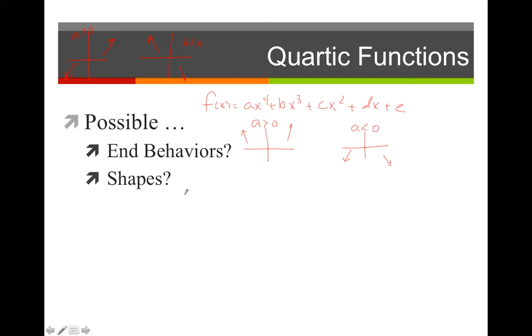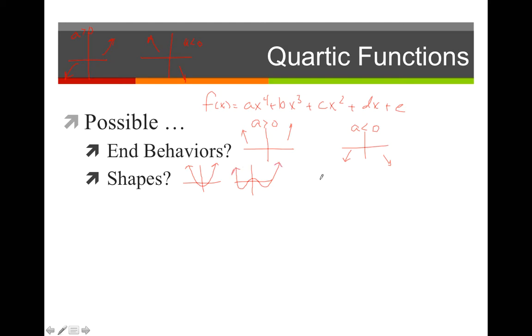For the possible shapes, quartics have a lot of possible shapes here. We could look like this. That's pretty interesting because it looks like a quadratic. You're right, because quartics can look like quadratics because they're very similar functions. We could have something that does this.